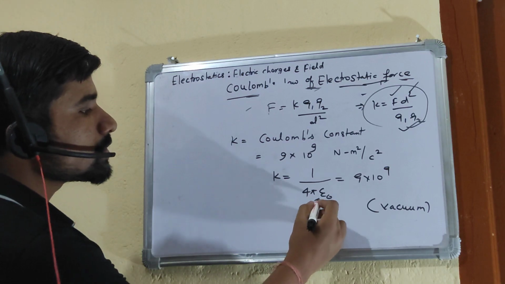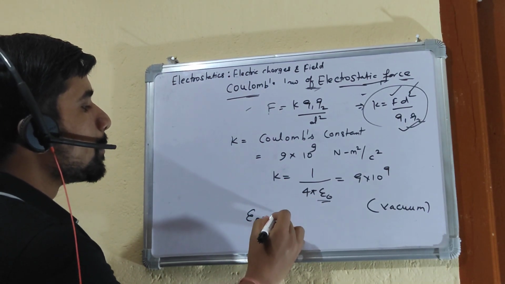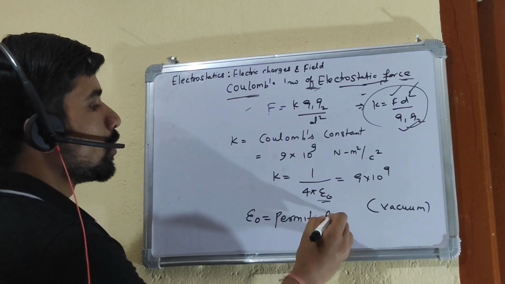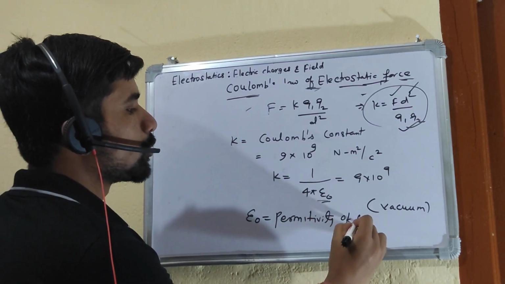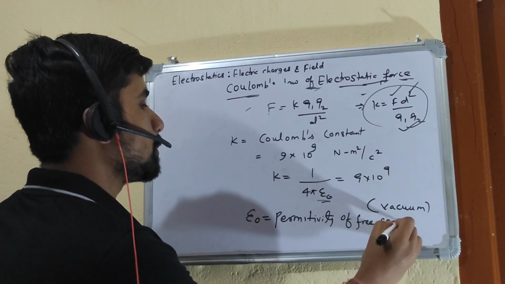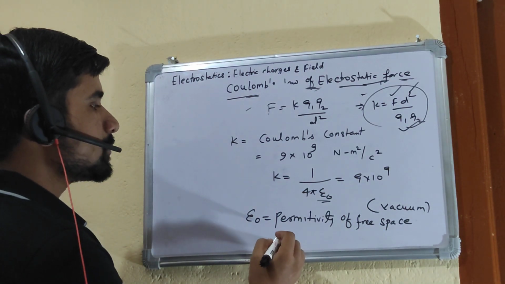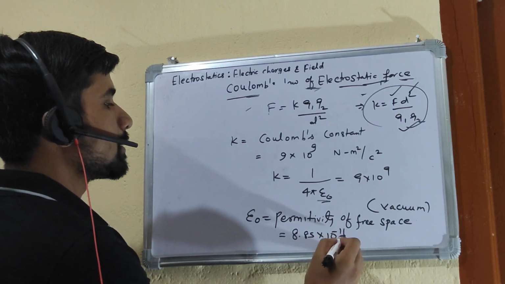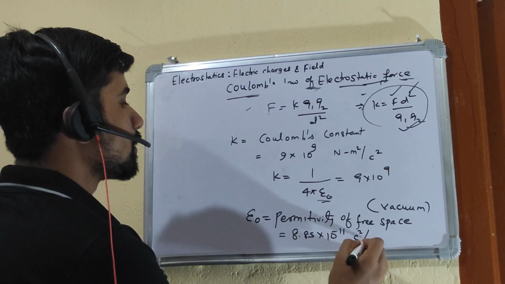This epsilon naught is for vacuum, and it is called the permittivity of free space, or permittivity of vacuum. Its value is about 8.85 into 10 to the power minus 11 Coulomb square per Newton meter square.